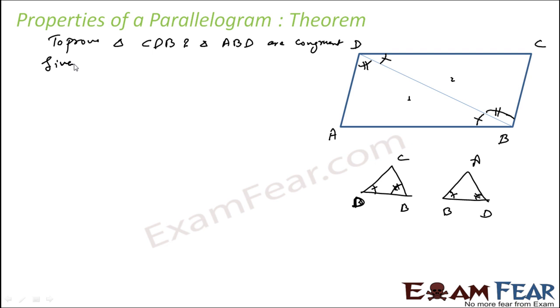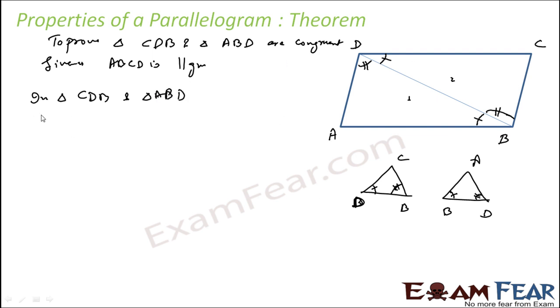And what is given? Given is ABCD is a parallelogram. I'll write it like this, parallelogram, just to save time. Okay, so we have to prove this. So we can see this in triangle CBD and triangle ABD.